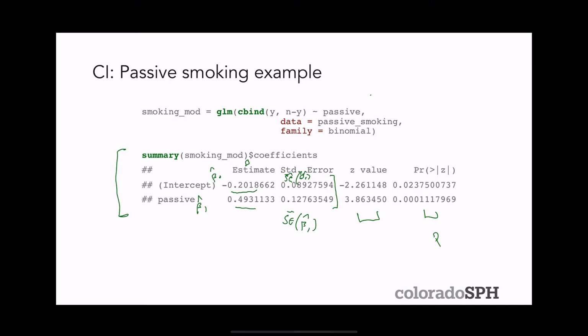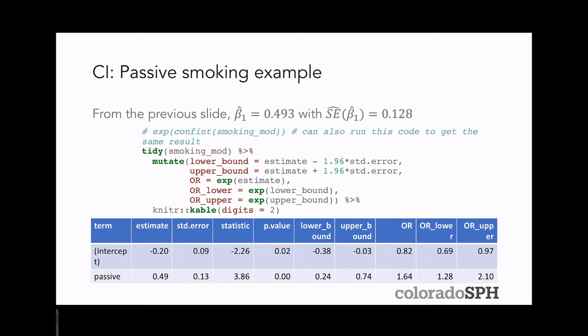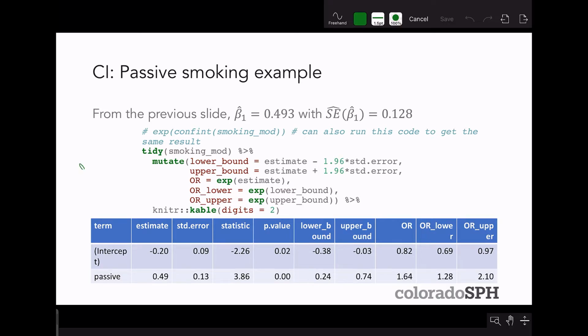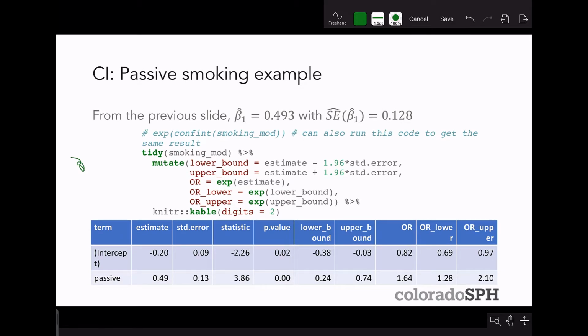So let's use these standard errors to construct some confidence intervals. From the previous slide, we have that beta hat is 0.493 and that the standard error for that beta is 0.128. So we can construct the confidence intervals using the Wald statistic by taking that estimate, that beta, and then just subtracting 1.96 times that standard error, and then exponentiating that estimate, the lower bound and the upper bound, to get the confidence interval for the odds ratio.